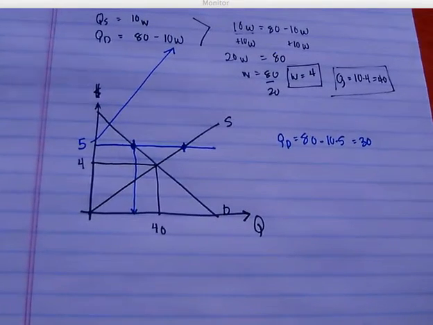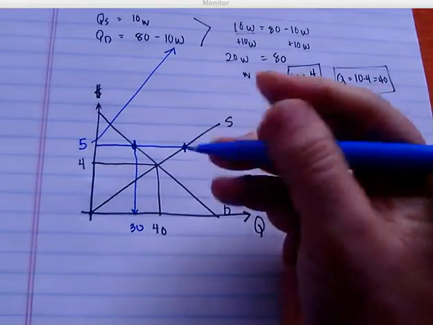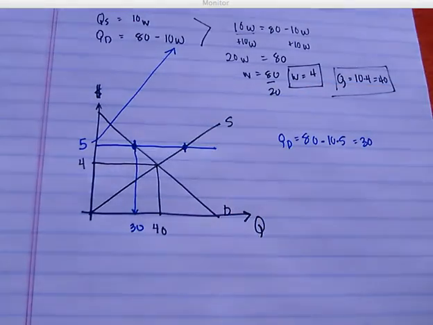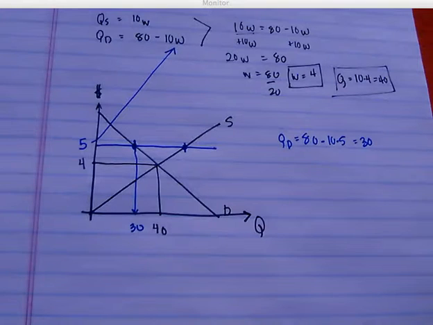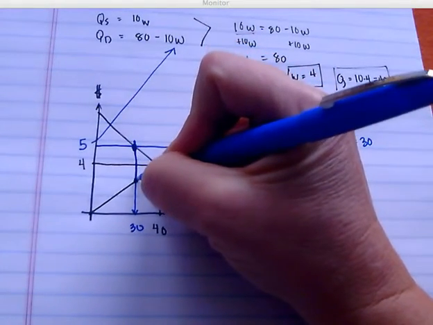All right, so we have that the quantity here is 30, and of course the price or the wage is 5. So that was pretty easy to figure out what the impact was on wages and prices. But we also have to think about what it did to worker and employer surplus and deadweight loss. So we can think about that in a couple of different ways.